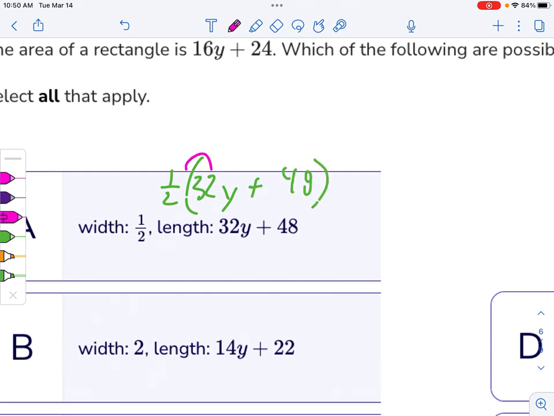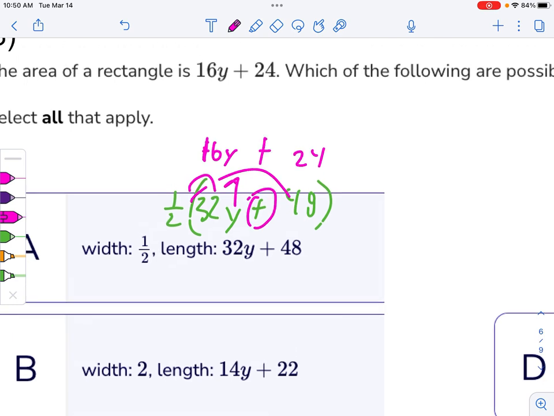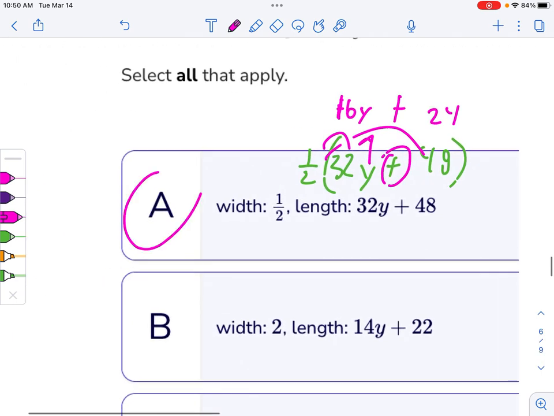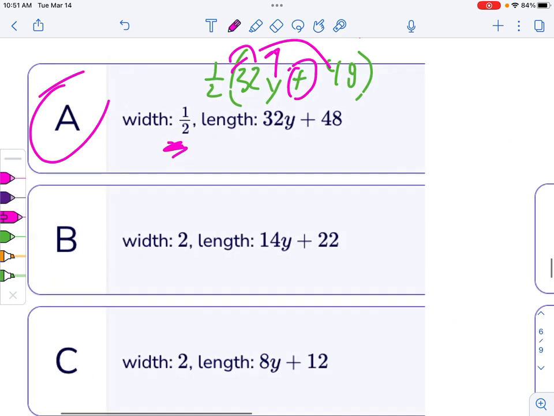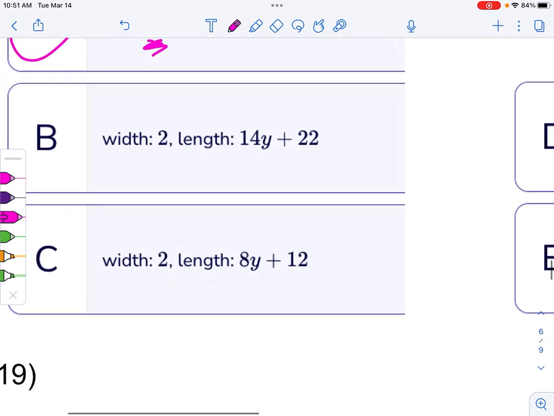So half of 32, right, am I doing the right thing? Yeah, half of 32 is 16, and half of 48 is 24. And I got that y here, and I got the addition going on. Oh, yeah, that works. Doesn't look like it does because of the halves, but it totally works.